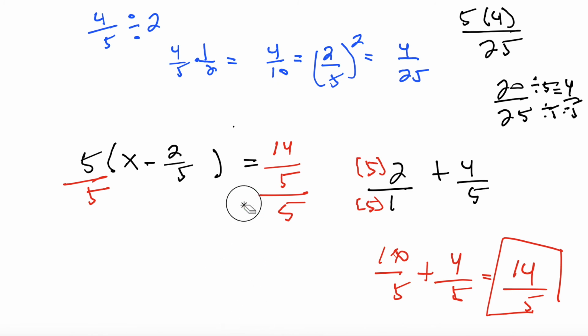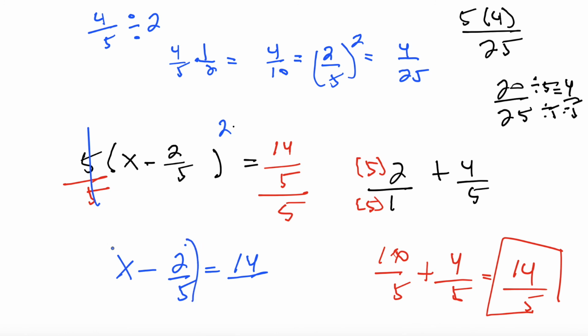Okay. All right, so it's 14 over 25, right? Yeah. All right, you have x minus 2/5 equals 14 over. It's squared though, right? Yeah, like this one is still squared. Okay.